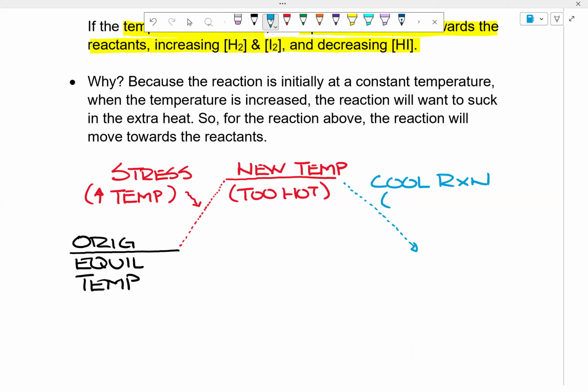To cool the reaction, that is an endothermic reaction. Or, instead of cooling the reaction, we need to lower the temperature. That would probably be a better way.